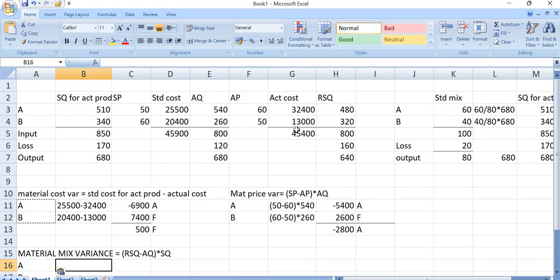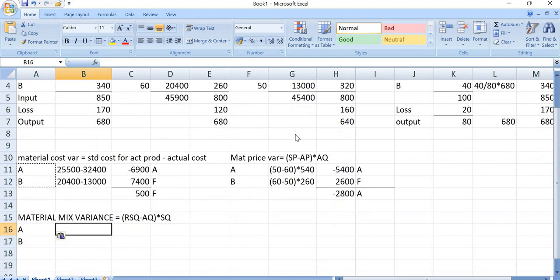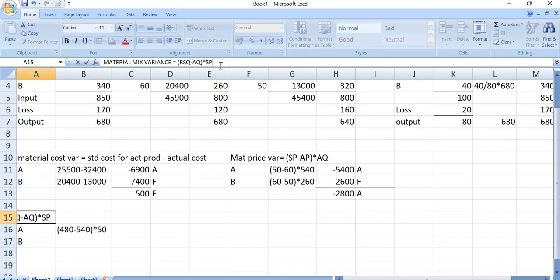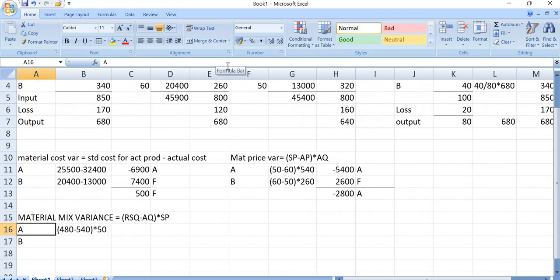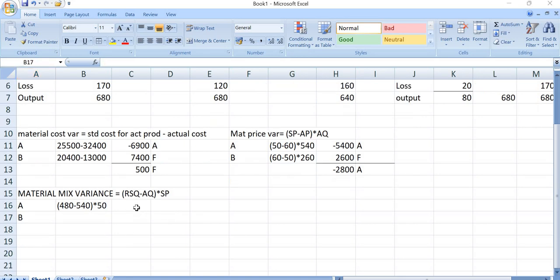So here my RSQ is 480 for A. So 480 minus my actual quantity 540 into my standard price. Standard price is 50 rupees for this. So we will be getting 3000 adverse variance.